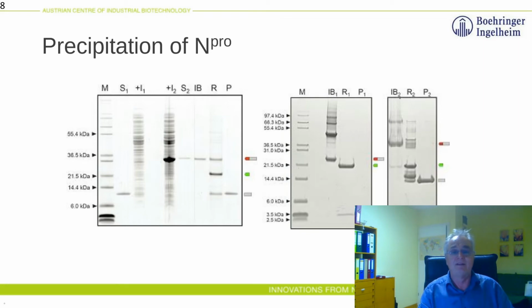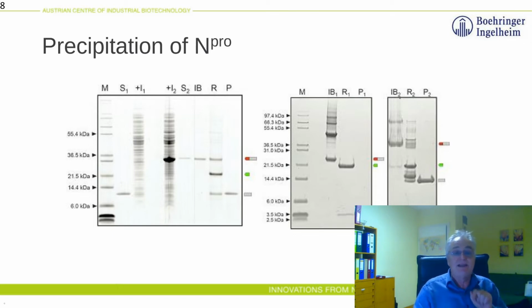Then you see there are other examples of what you could do. The interesting thing is when you see here on the left-hand slide, there will be the marker, then you have the induced and non-induced, the inclusion bodies, the renaturated, and then on this first SDS-PAGE, you see the lane P, and this is the precipitate.